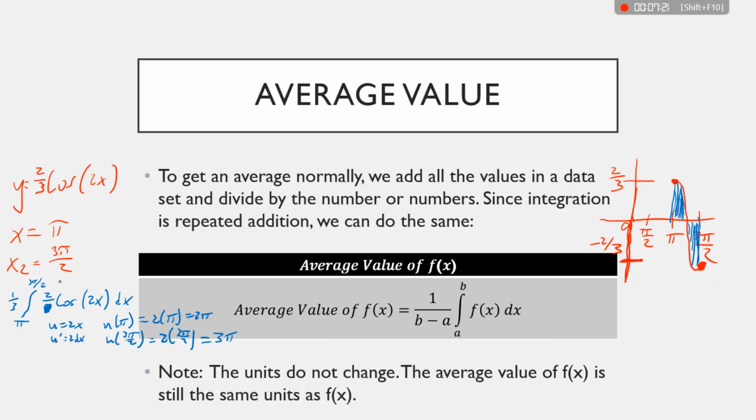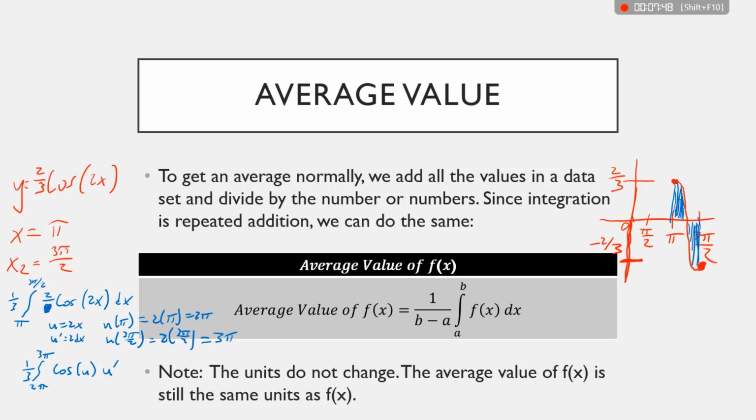So if I want to rewrite this integral in terms of u, I would get the integral of 1/3, which I've just pulled outside because that's a constant multiple, from my lower bound of 2 pi to my upper bound of 3 pi of the cosine of u times u prime.